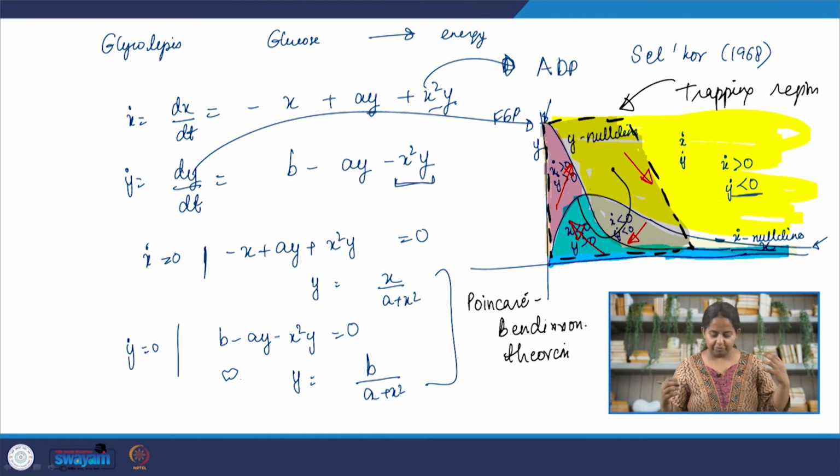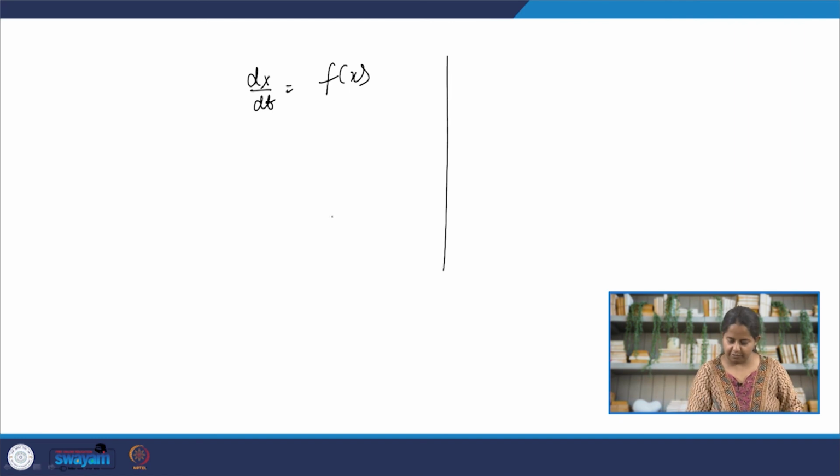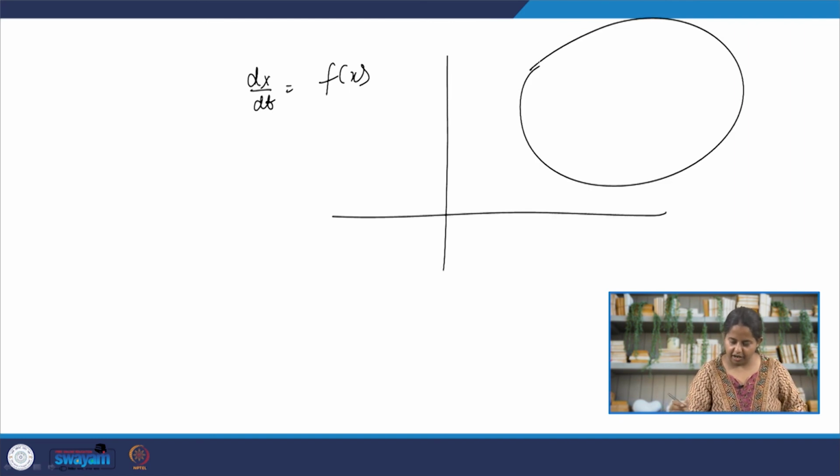So what is this theorem, Poincaré-Bendixson theorem? It says, so we have a dynamical system, dx/dt equals f(x). And we have a closed region in the phase portrait. Let's call it R. R is for region, right?